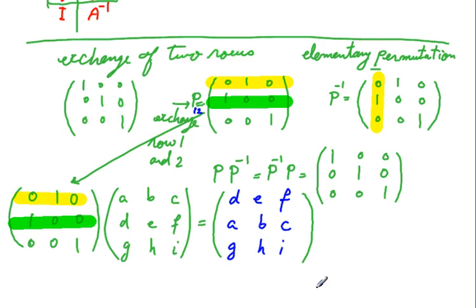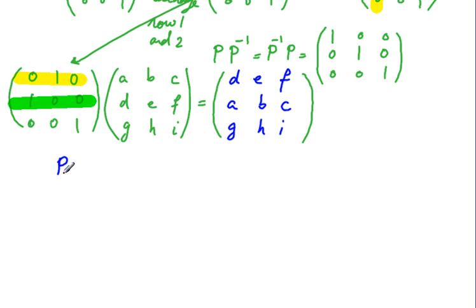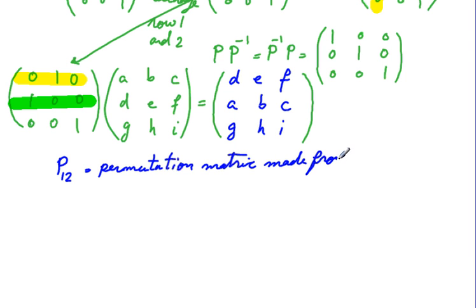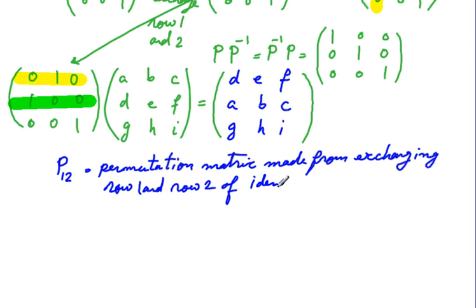So P12 is a permutation matrix that is created out of exchanging row 1 and row 2 of the identity.